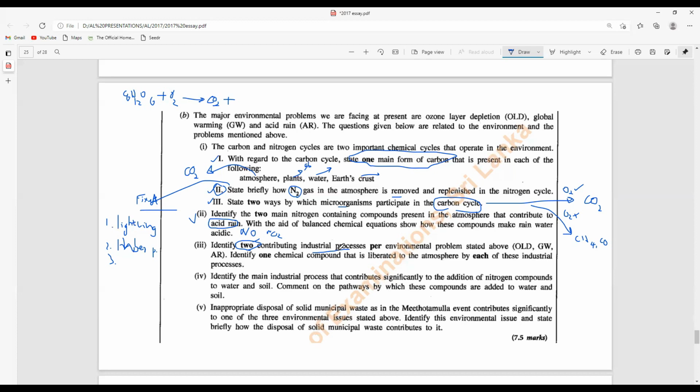And then when you go for global warming, in agriculture you use CH4 methane and nitrous oxide, N2O, right? So don't forget N2O, which affects global warming, as well as some coal industries where CO2 is emitted, which also affects our global warming.